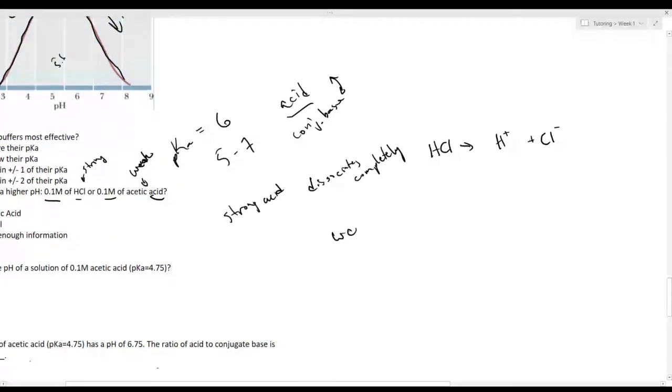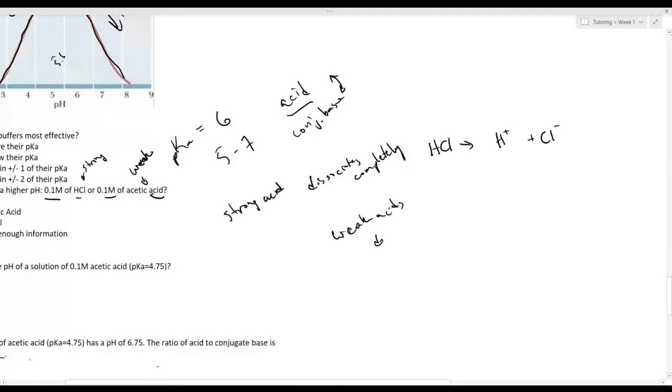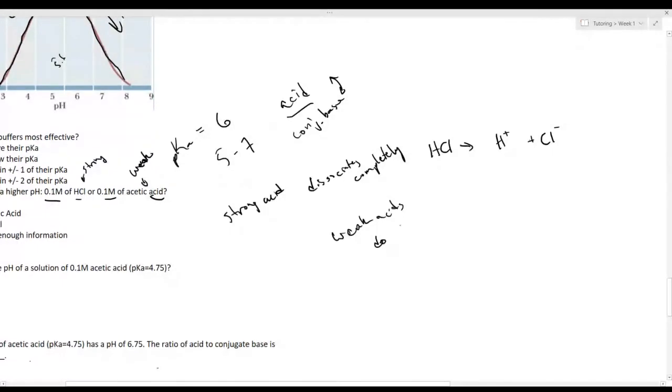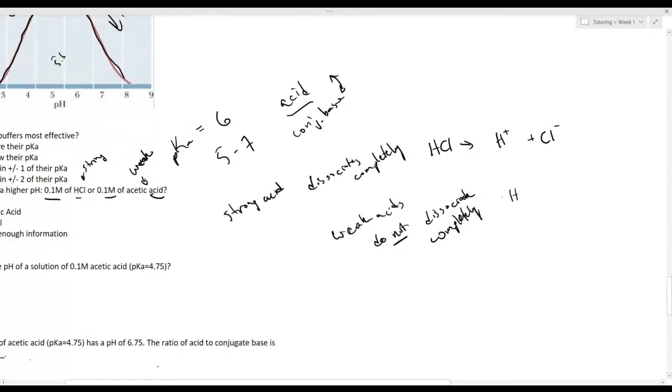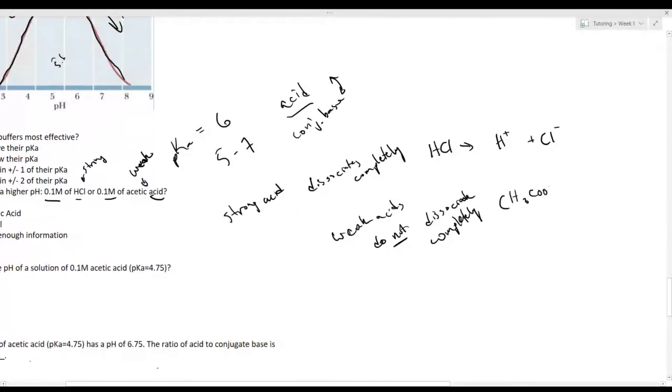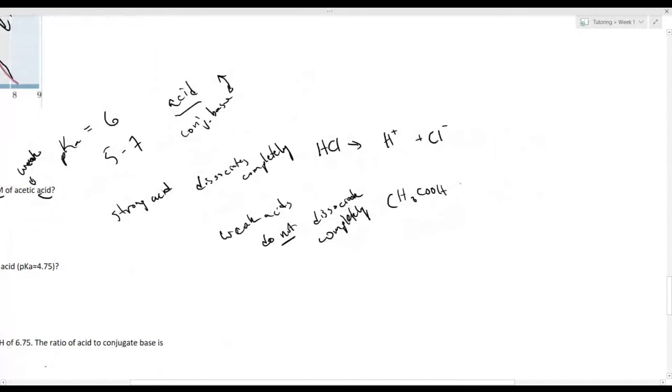Weak acids do not dissociate completely. So acetic acid is CH3COOH, double arrows, so we're dealing with an equilibrium.